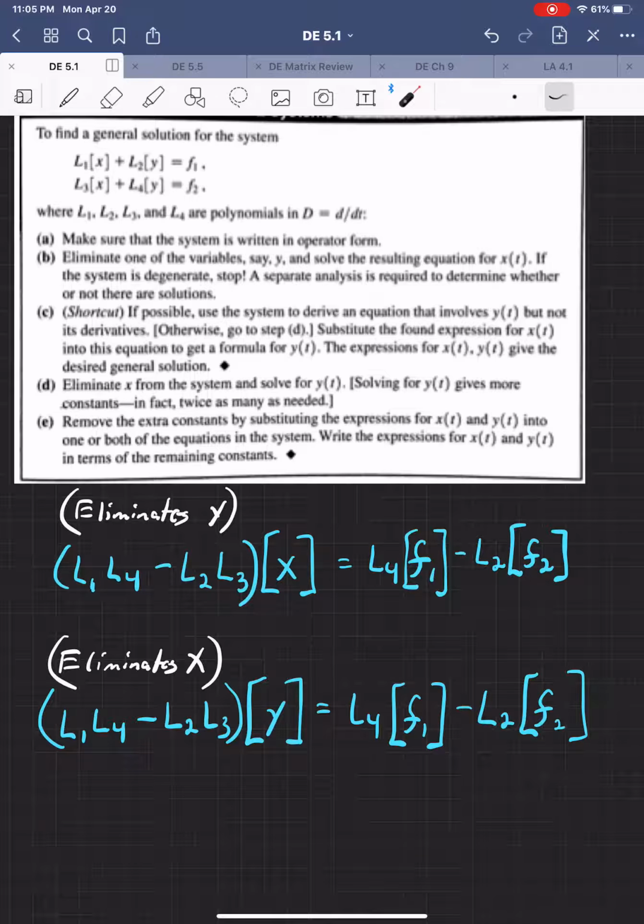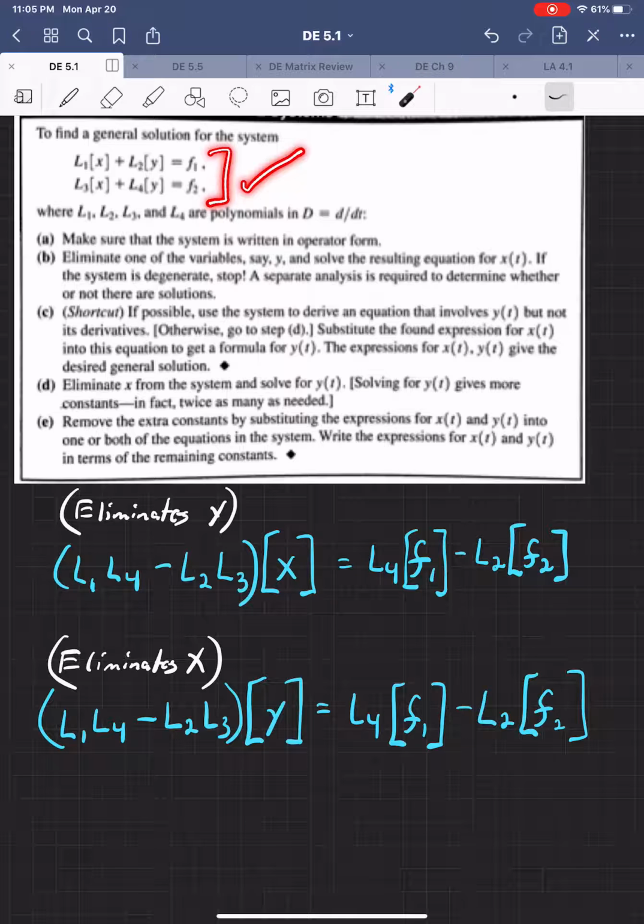This is still quite demanding, and I will probably need 2 videos to finish this problem. But the idea is, if you have your system in differential operator form, this little technique is set up for it.